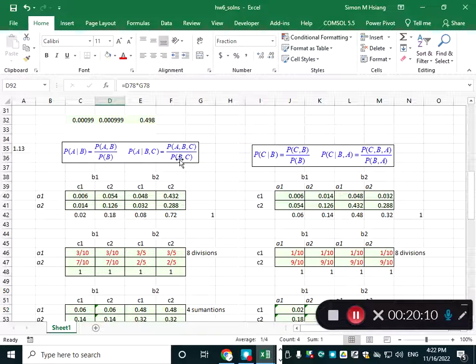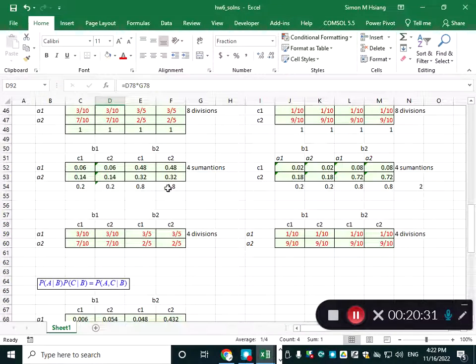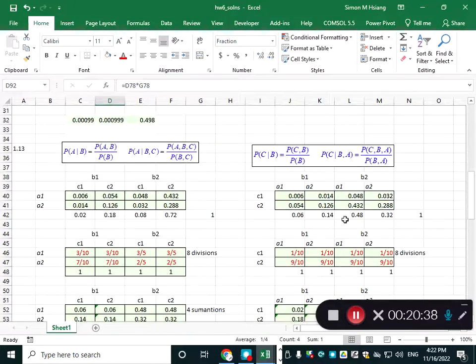Knowing B, I can figure out A, with or without C, I can know A exactly the same. Knowing B, I can know C, and with or without A, I will know C the same way. So here I'm showing the same thing. At the end, red is red, red is red, to show that these 2 equations are equal.